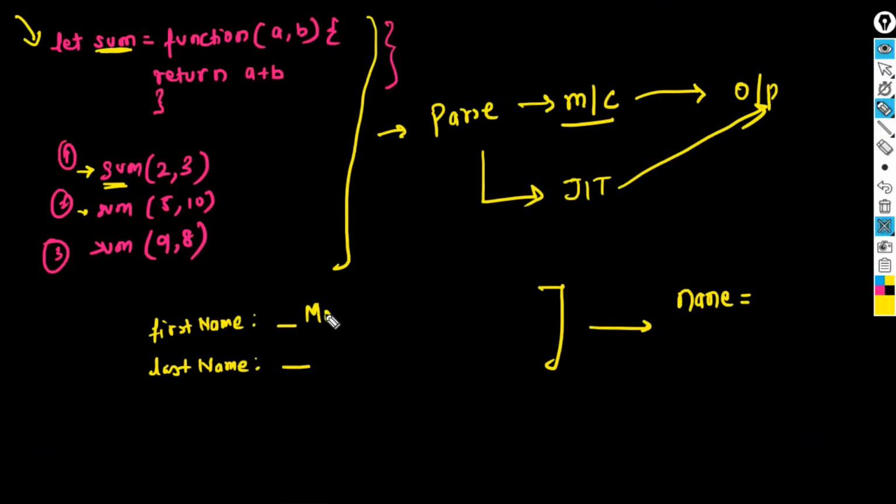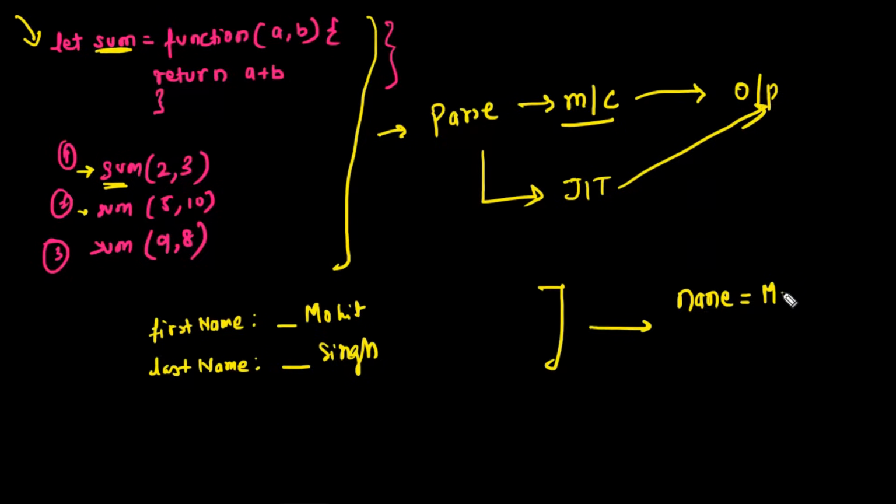Suppose the first name you have filled is Mohit and the last name Singh. Fine. This is the first name, last name you have filled. But the end user who is going to see your form has to see it how? Mohit Singh only, no?